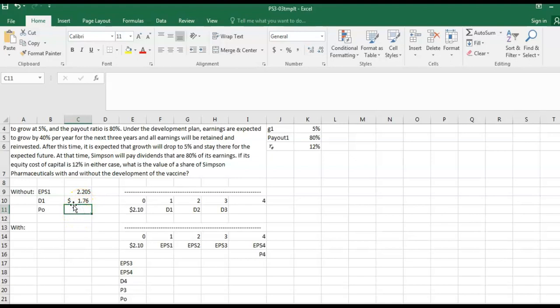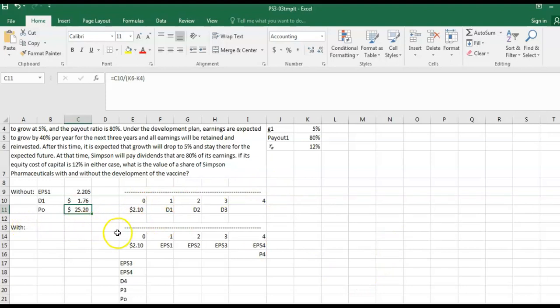Now I can calculate my share price by taking D1, dividing it by the difference between my equity cost of capital and my growth rate, and that gets me a share price, $22.05 and 20 cents. All right, where that share price reflects this assumption of constant and perpetual growth at 5% forever.